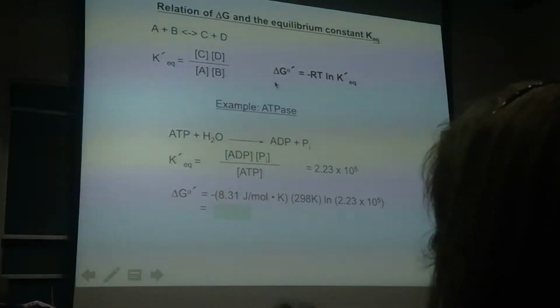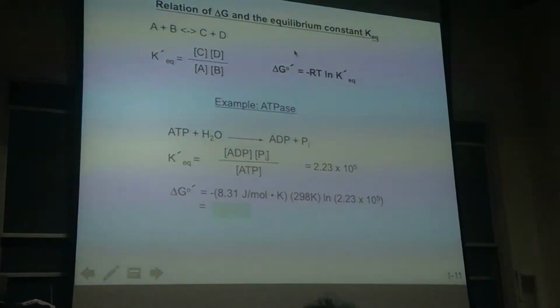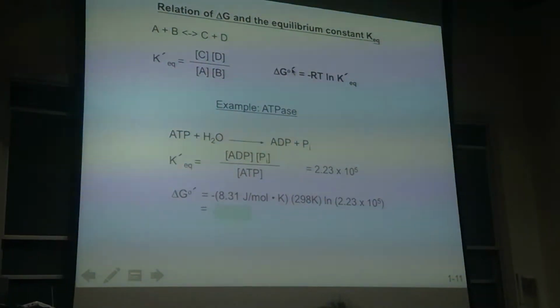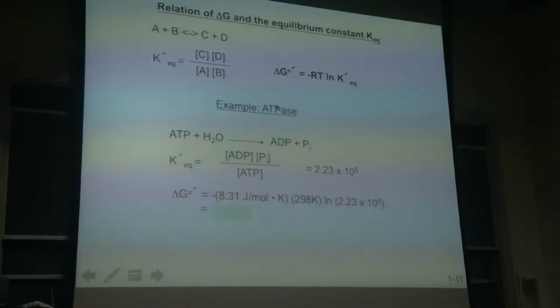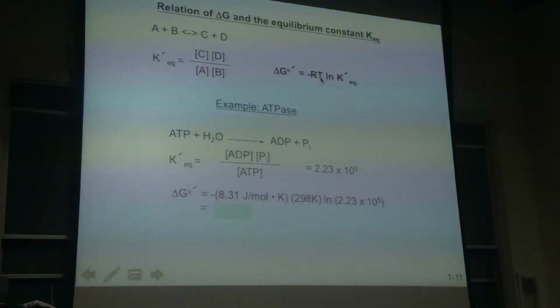When you're trying to calculate your delta G0 prime, this is a formula that you'll be memorizing. It's minus R, which is a constant, times T, the temperature in Kelvin, times the natural log of K prime equilibrium.